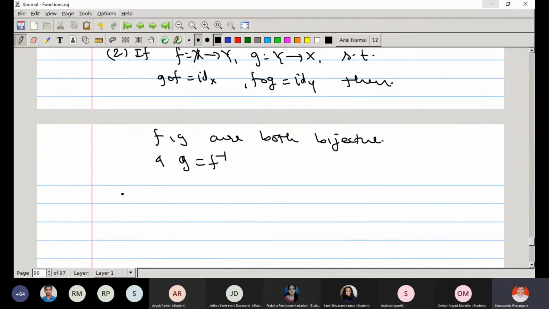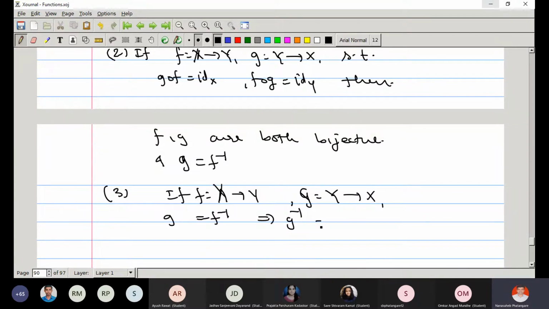So now from this, can you observe that if f is from X to Y, g is from Y to X, and g is f inverse, then what is g inverse?